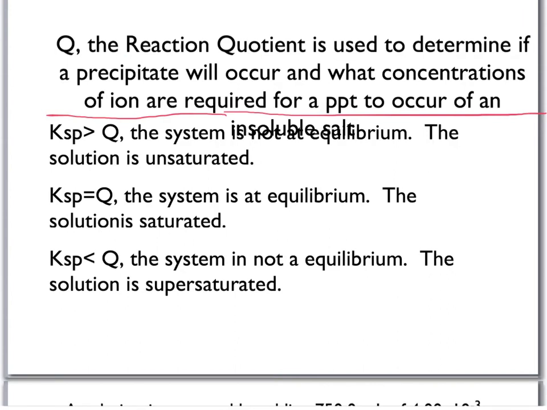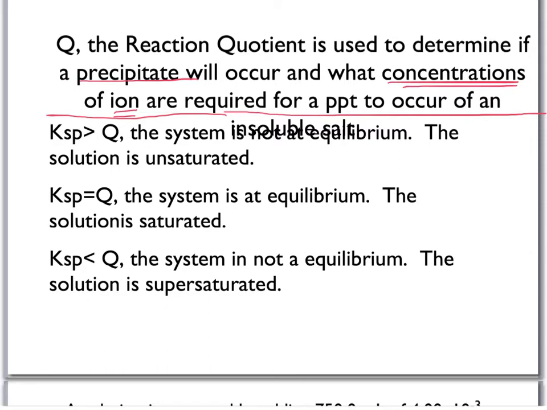Q is the reaction quotient. We're going to use this to determine if a precipitate will form, and we can also use it to find out what concentrations of the ions are needed for a precipitate to occur. I know the program kind of overlapped over itself.